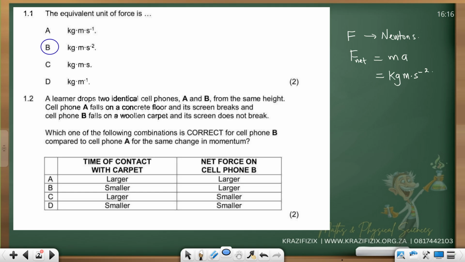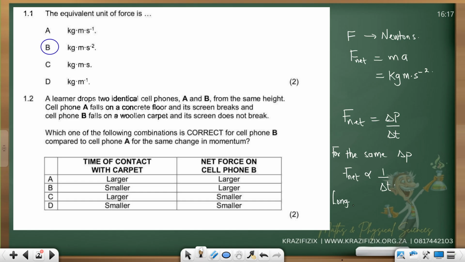We're looking for B that did not break compared to cell phone A for the same change in momentum. What is this formula saying? This formula is basically talking about F net equals delta p over delta t. And we know that for the same change in momentum, the net force is inversely proportional to time.